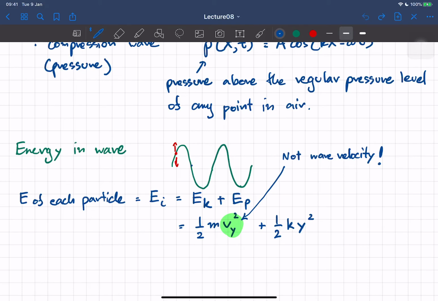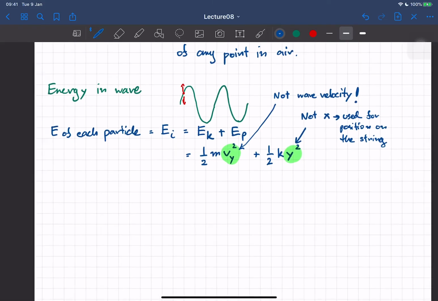This is the potential energy of this particular particle, and elastic potential energy depends on the displacement of that particle, which we use the variable y for. So that's why it's 1/2 ky squared, not kx squared. Make sure you understand the variables here. I'm going to label x now as the position on the string, not the displacement. So we use y.